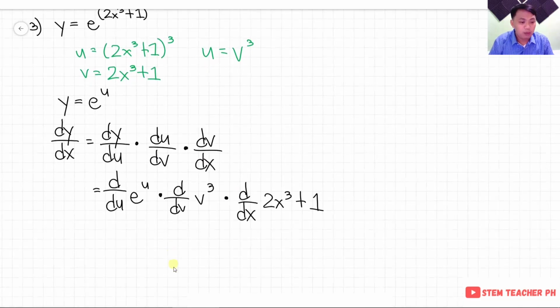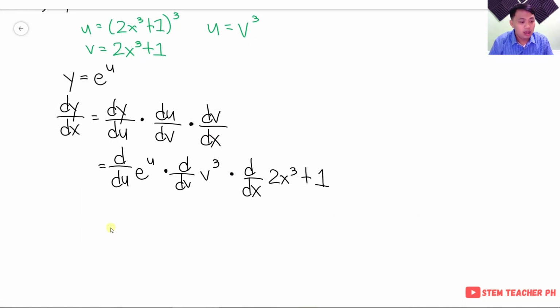So now, continuing with our process, this is equal to, ang derivative ng e raised to u with respect to u, walang magbabago, this is still e raised to u. Tapos, imumultiply siya sa derivative ng v cubed. Power rule lang, ibababa si 3, tapos times v, tapos yung exponent ng 3 ay bawasan ng isa, 3 minus 1, this will become 3v squared.